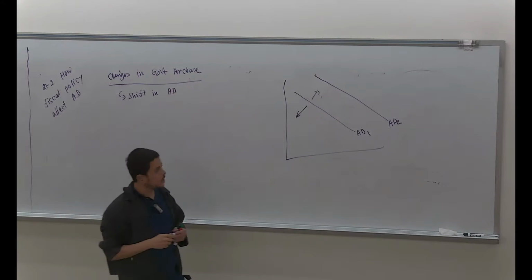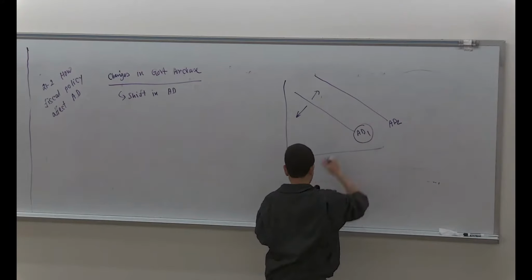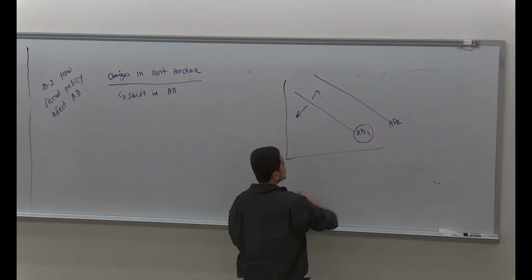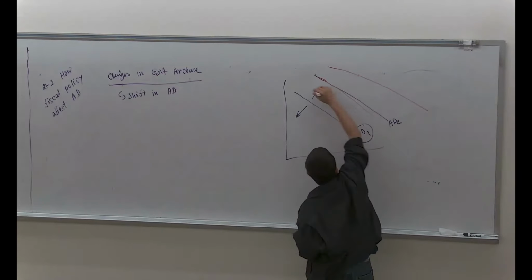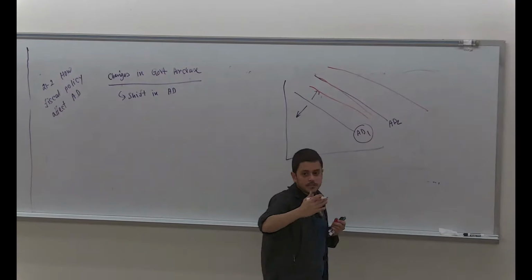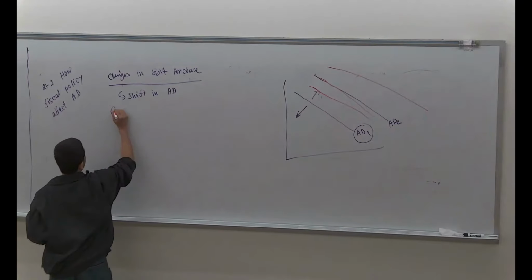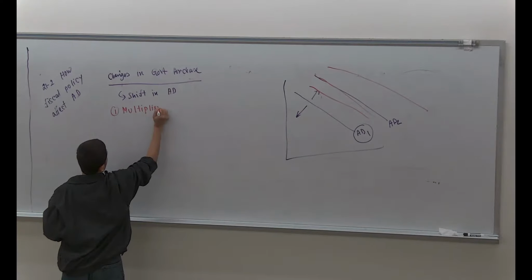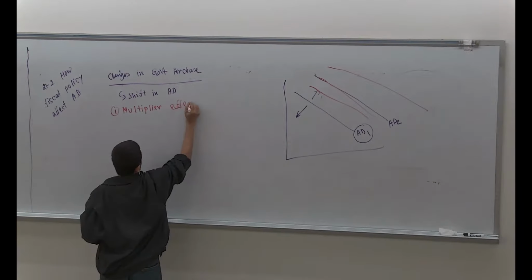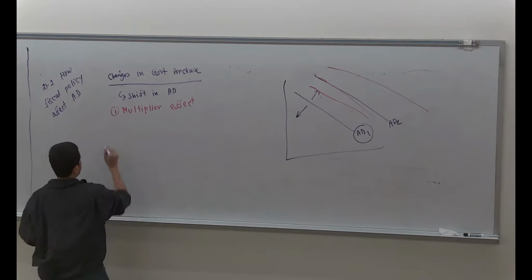Now the question is, if let's say we are here, how much will the shift be? It will be here, or here, or here. How much will the shift be? It depends on two factors. One factor is the multiplier effect, and another one is the crowding out effect.